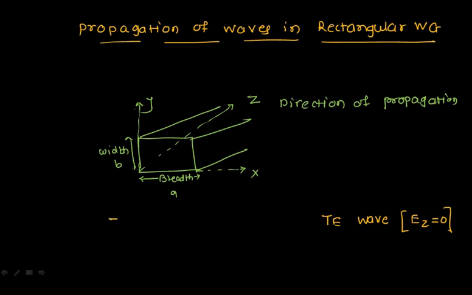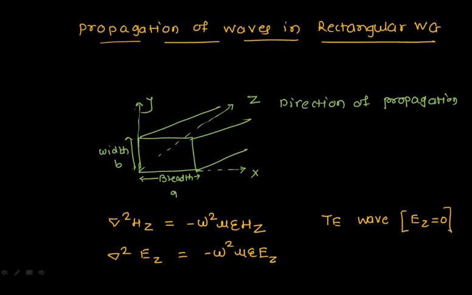I'll write here del square Hz is equal to minus omega square mu epsilon Hz. Then another wave equation, del square Ez is equal to minus omega square mu epsilon Ez. This will be true only for the TM wave, where my Hz component will be 0.